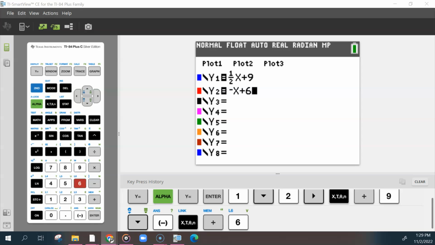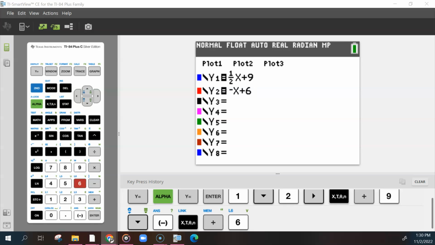Anyone else need help getting there? Y equals. Put those in for number 2.